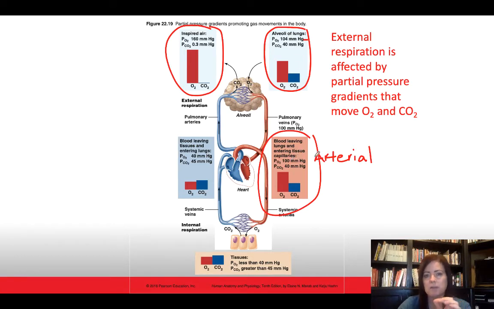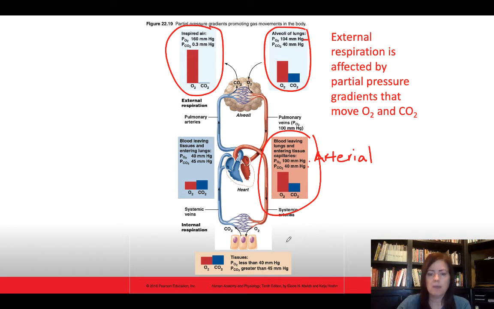We've lost a little bit of oxygen, and that's just because the bronchial arteries and pulmonary circulation mix a little bit, and so the arterial blood mixes with some venous blood, and it brings the oxygen content down a little bit. That's kind of details at this point. So the main thing here is to know that partial pressure of oxygen in the artery is at 100. Partial pressure of carbon dioxide in the artery is at 40.